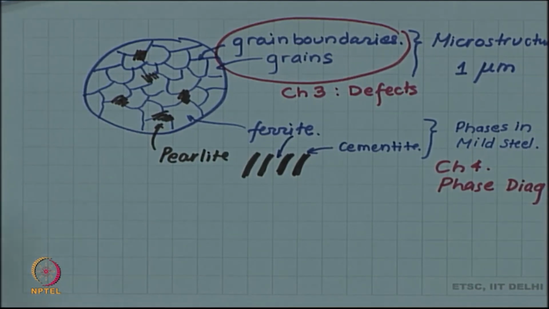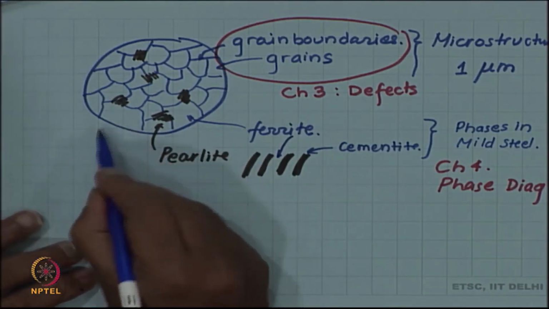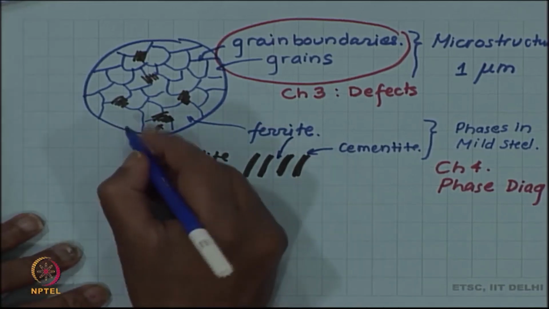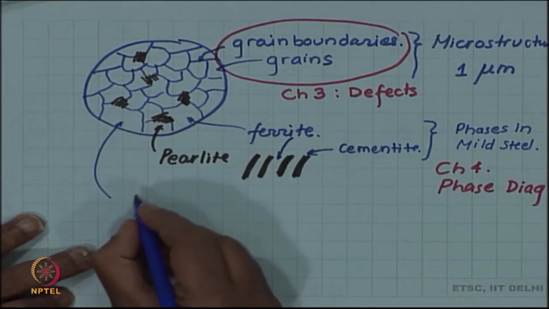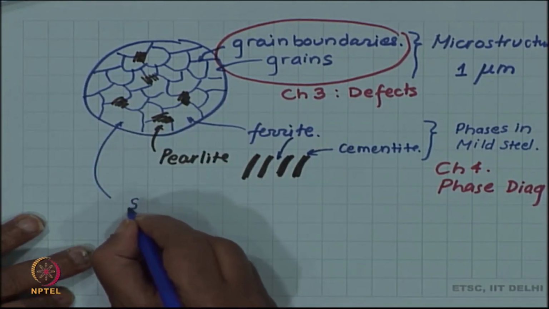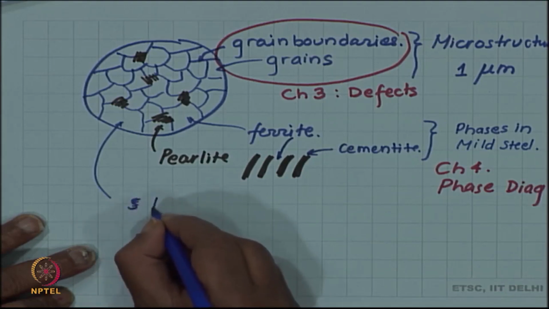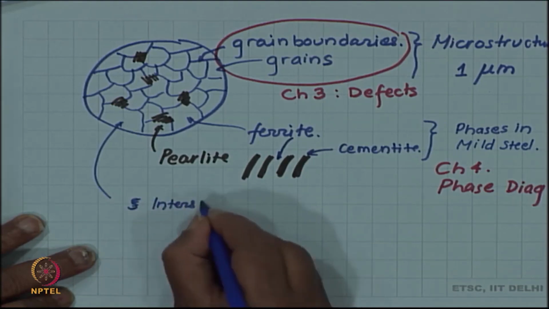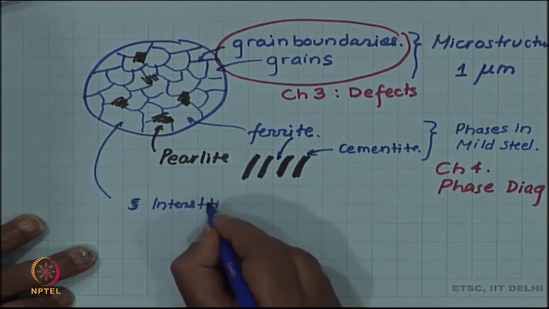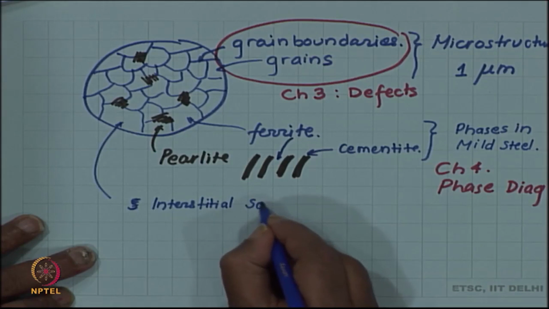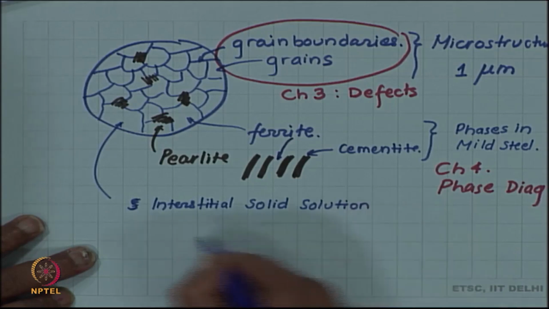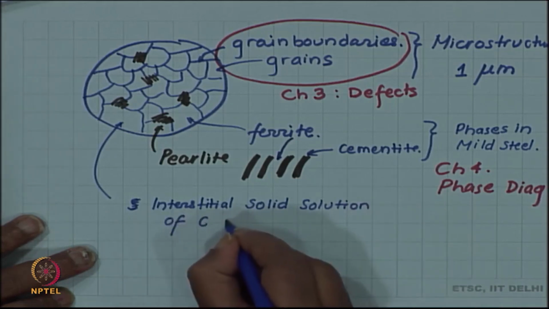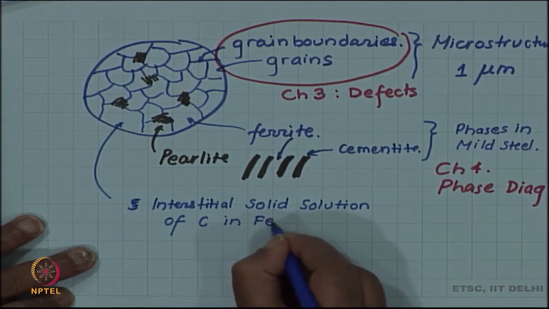Now, if we wish to look in a little bit more detail at these grains of ferrite, we will find out that these grains of ferrite are actually solid solutions, to be more precise, interstitial solid solutions of carbon in iron.